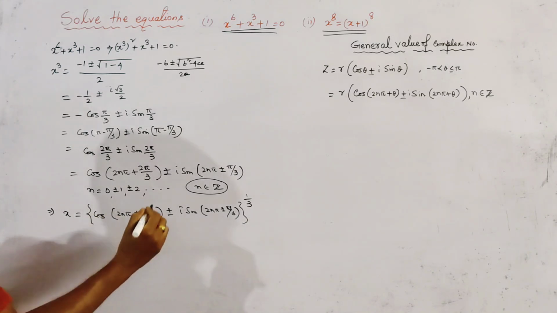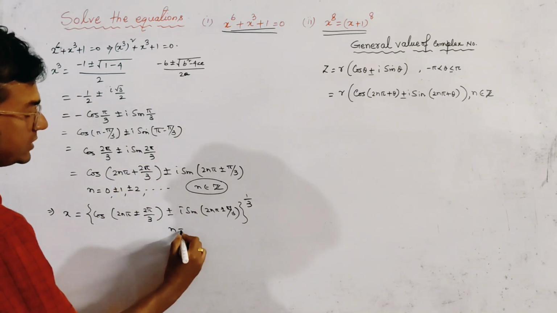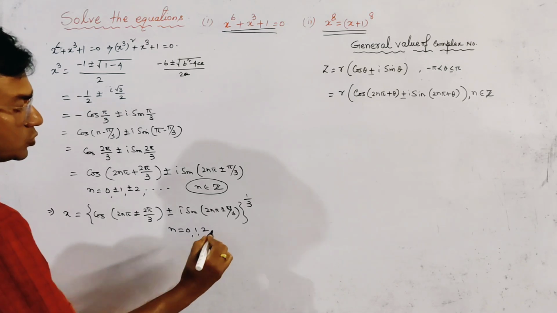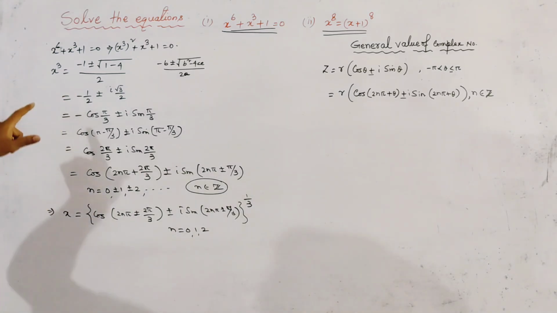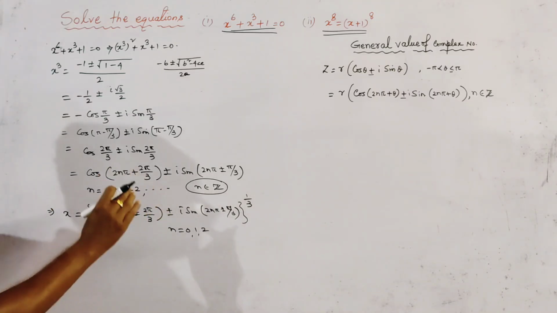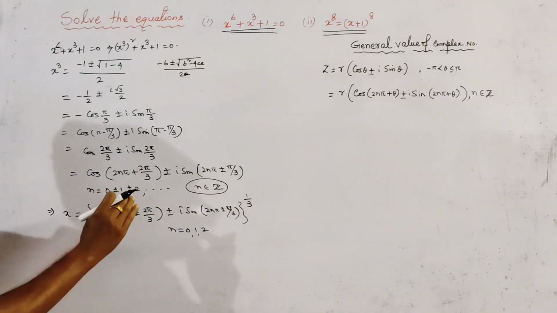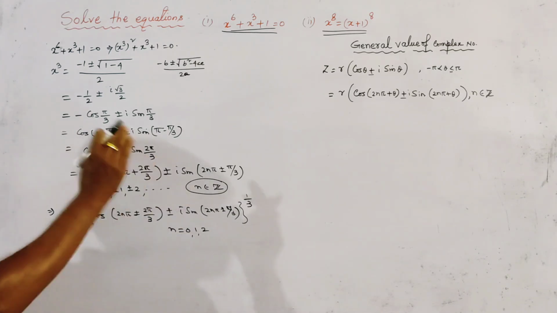Okay, now here we write the restriction of n as n equal to 0, 1, 2, because this is a cubic equation and it has 3 roots. So we take only the first 3 values, which are 0 and the next two positive values of n. These are 0, 1 and 2.